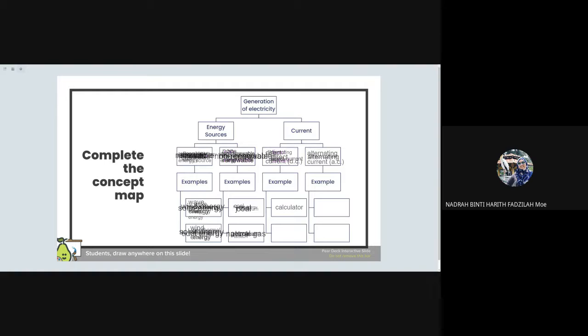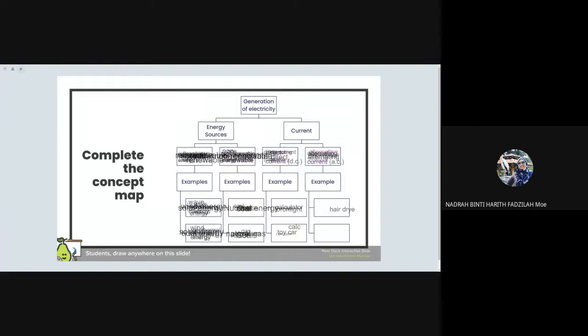Alright, good. For energy sources, kita dah nampak dekat situ. I can see your ideas already. So energy sources, they are basically two types of energy sources. Okay, tak apa kalau nak tulis tukar renewable, non-renewable dulu baru tulis renewable, tak ada masalah ya, position tu tak ada masalah.